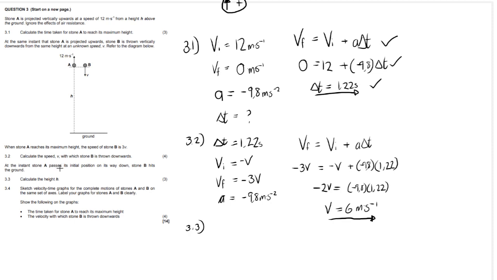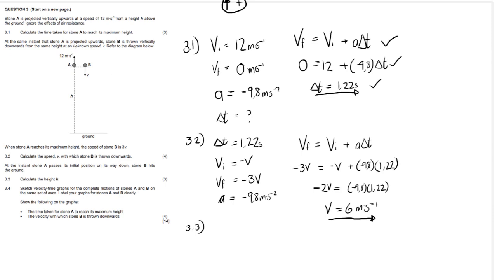At the instant stone A passes its initial position, okay, so stone A has gone up and then come back down. At the instant stone A passes its initial position on its way down, stone B hits the ground. Wonderful. All right, so let's have a look at stone A. It is being thrown up.